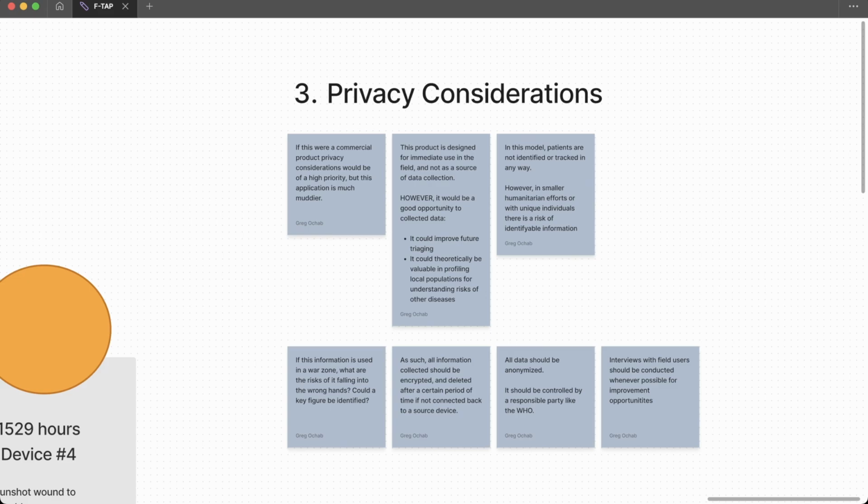But again, it should all be encrypted to begin with and massaged to remove any potential identifiers before being saved and potentially distributed. I do also think that interviews with triagers would be very helpful to improving this app, but overall, not as risky from a privacy concern as most machine learning apps typically are.